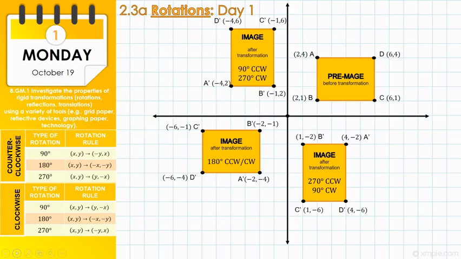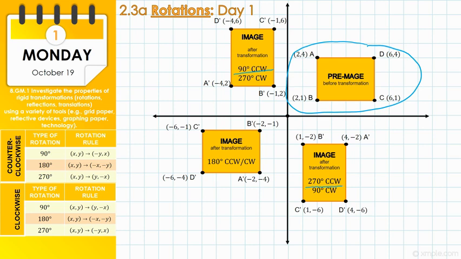And so as we look at the image after we rotate our pre-image, each of our rules applies. 90 degrees counterclockwise, again, is the same as 270 clockwise.